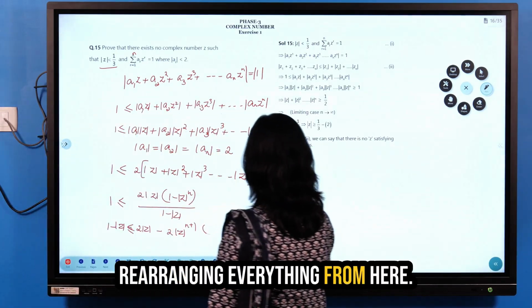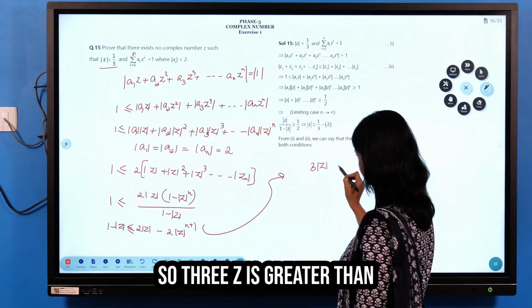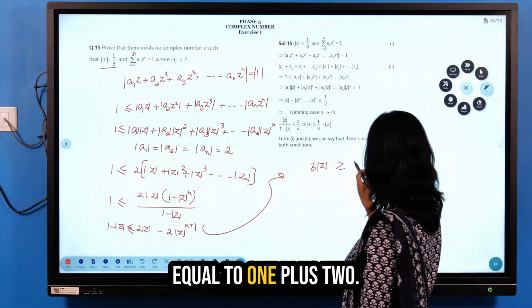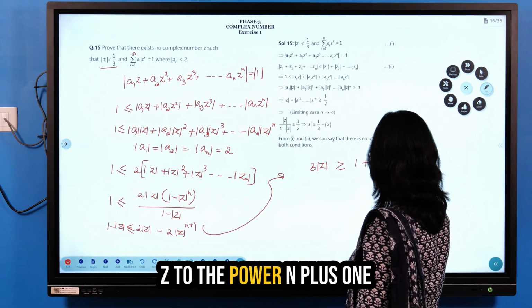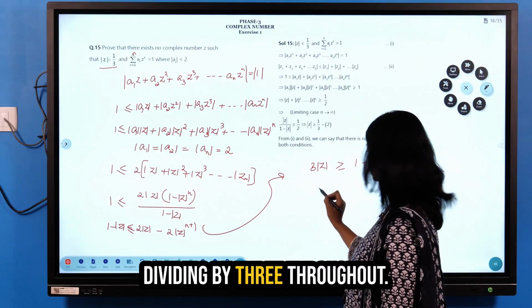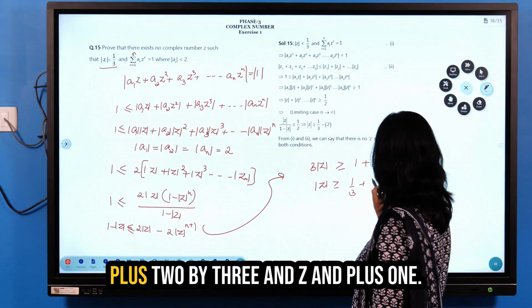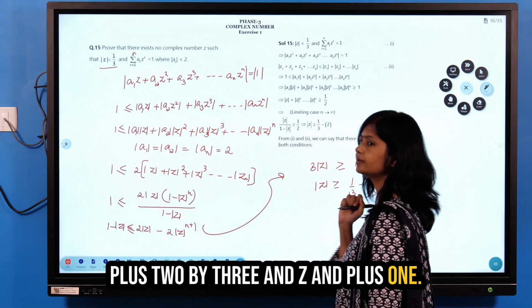Rearranging everything, 3z is greater than or equal to 1 plus 2 z to the power n plus 1. Dividing by 3 throughout, z is greater than 1 by 3 plus 2 by 3 z to the power n plus 1.